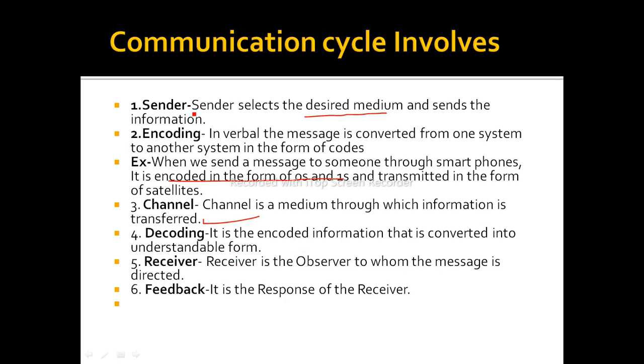A sender sends some information, it is encoded, and then there is a channel through which we send it, and then there is a receiver who gets that information in a convertible form. And the receiver is the observer to whom the message is directed.